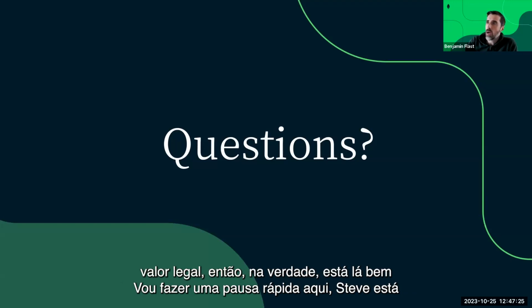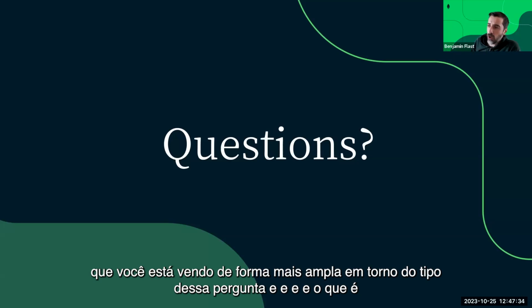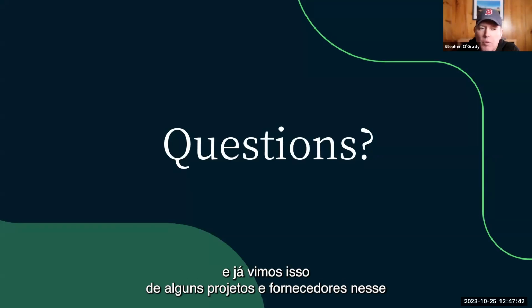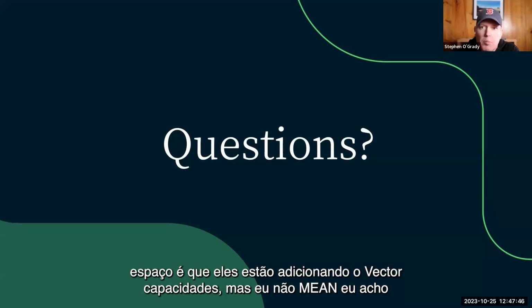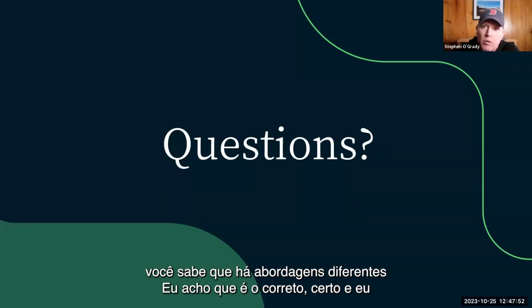Cool. Actually, I'm going to quickly pause here. Steve, is there anything you wanted to add on the question of graph, or anything you're seeing more broadly around that question? Not really. I think what we'll end up seeing, and we've already seen this from some projects and vendors in that space, is that they're adding vector capabilities. But I think the core of your answer, that they are largely orthogonal, separate approaches, is the correct one.